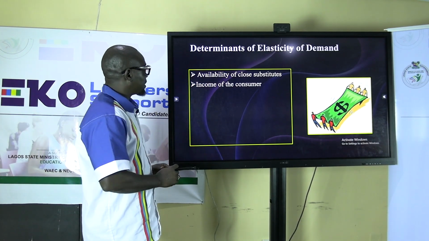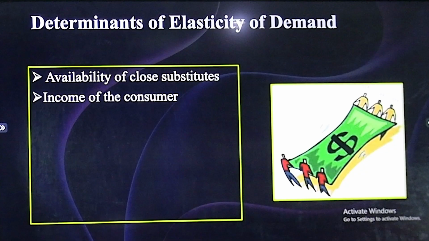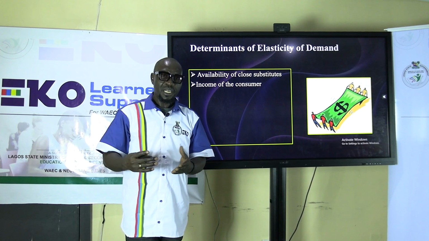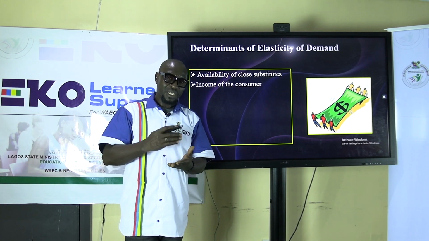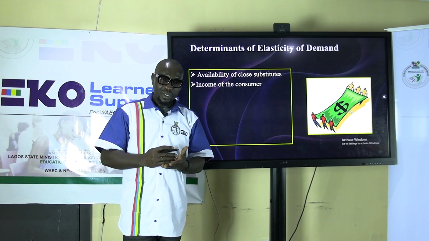Next is the income of the consumer. What you earn, what is available to you to spend on your consumption, is a factor that influences elasticity. Depending on your income, you respond to the quantity of a product you consume, given the factors that impact demand, whether price or your income.